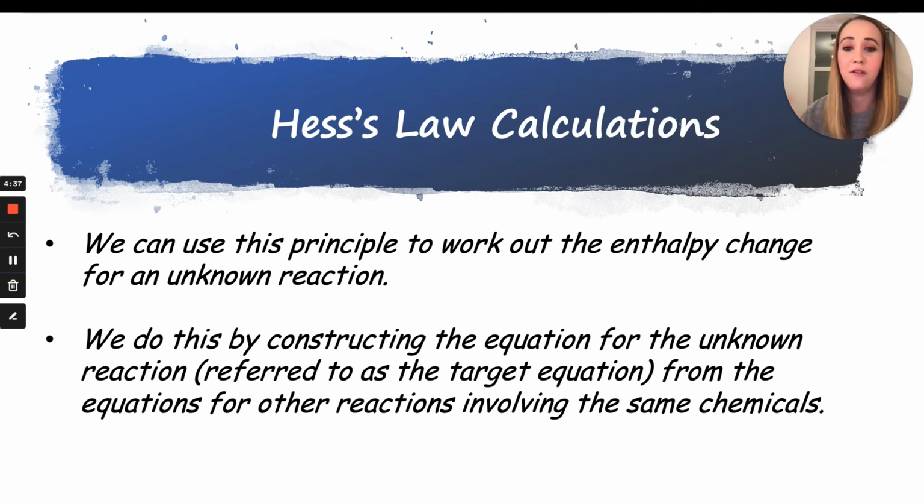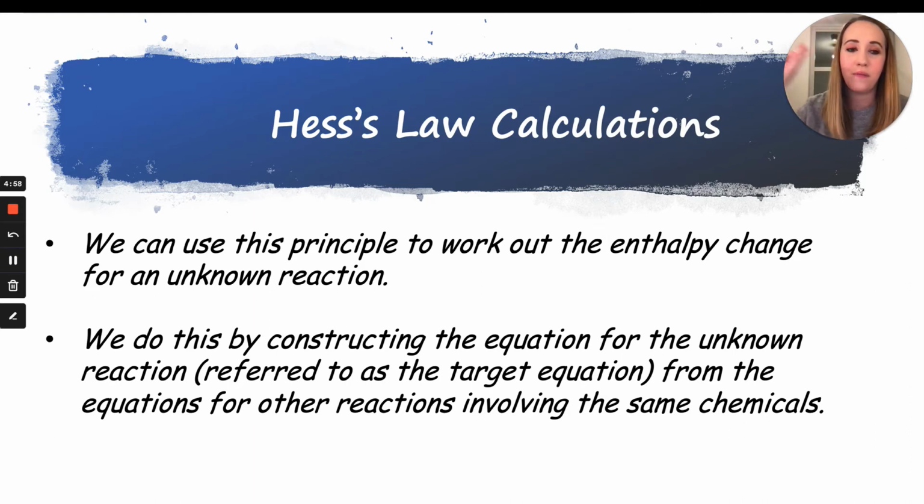So if we have carbon or hydrogen or a hydrocarbon, these are all things that we can measure the enthalpy of combustion for, and we can write equations for that, and we have delta H enthalpy change values known for those reactions.